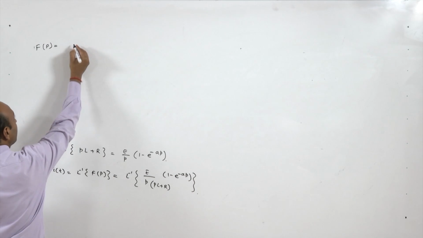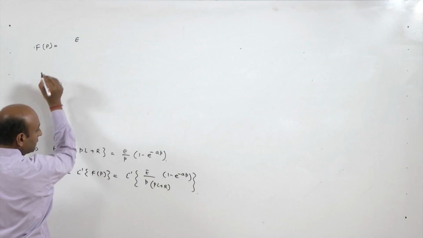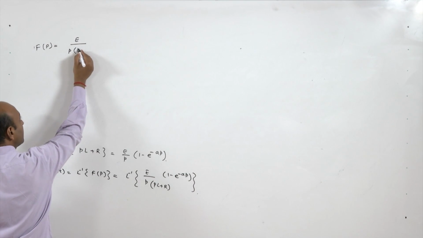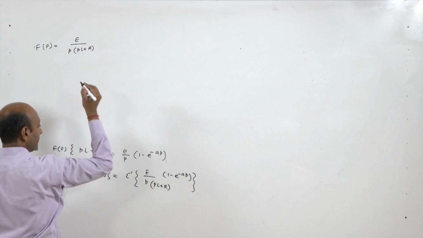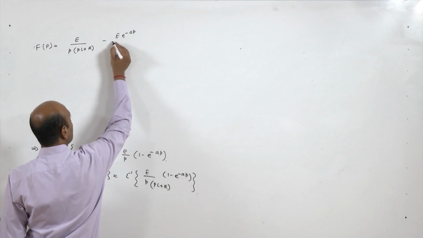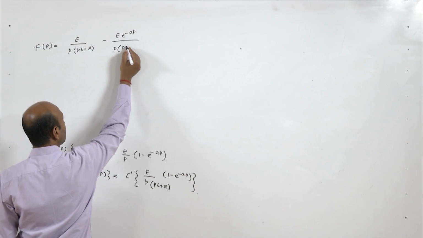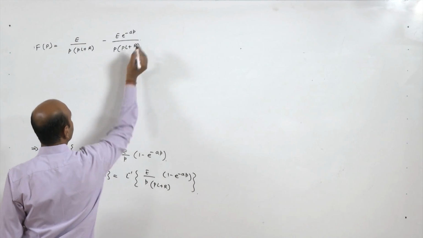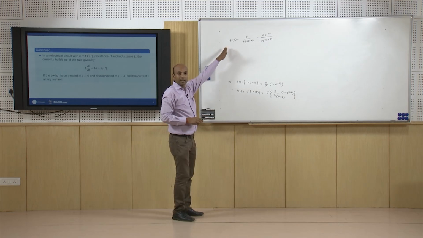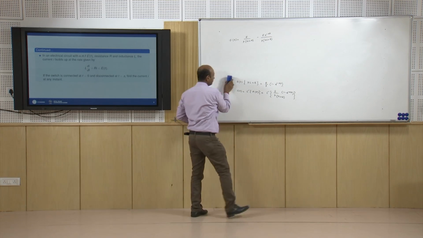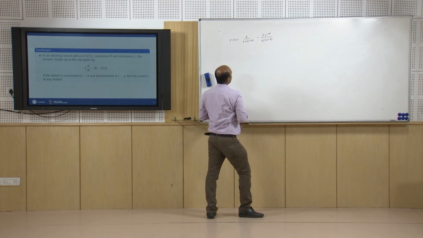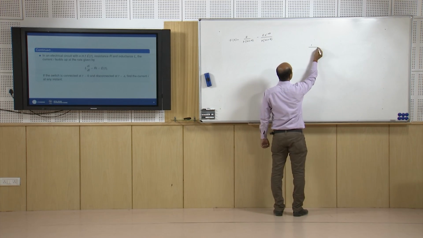Fp is E upon P into PL plus R, minus E into e power minus AP upon P into PL plus R. This is Fp, and we have to find the Laplace inverse of this Fp. Okay. So, first let us find the partial fractions of this expression.